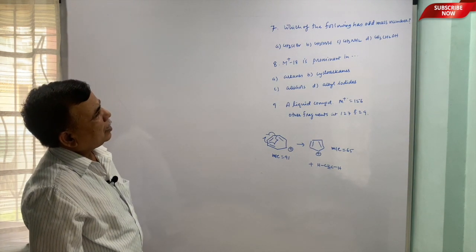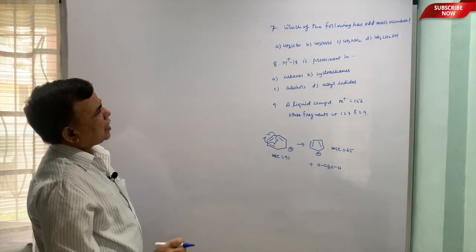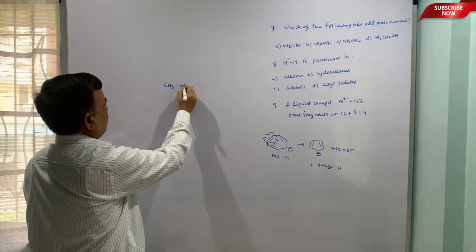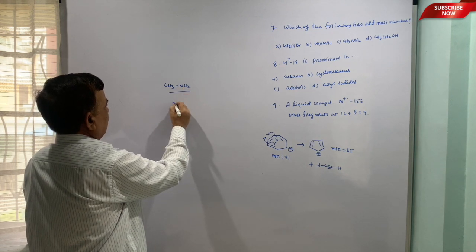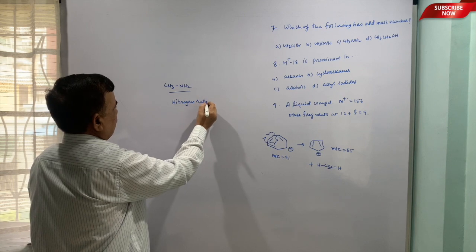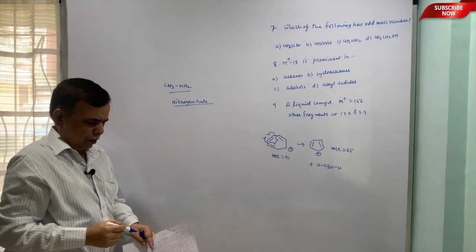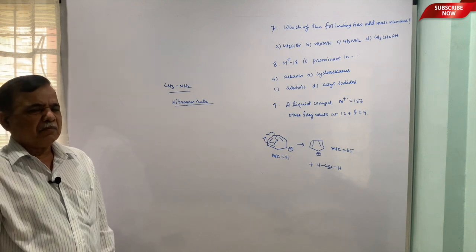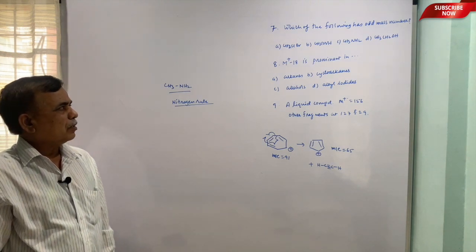Which of the following has odd mass number or molecular mass? I will put the answer straight away. This is as per the nitrogen rule, which states that an odd number of nitrogen represents odd mass of the molecule or odd molecular weight.